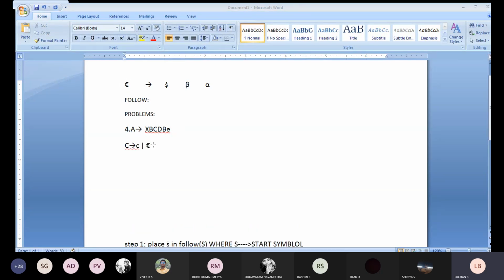I am going to continue my production once again. D implies small d or epsilon. Just copy the question, we will solve the problem. Once you copied the question, you just inform me. This is the question they have given. D will not take any epsilon. Okay. Once you copied this question, you just inform me.